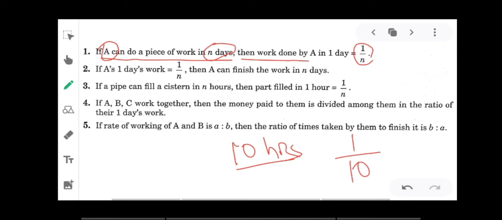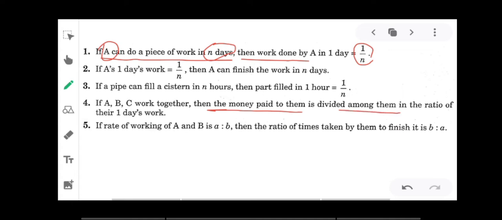Next formula: if A, B, C work together, these three persons, then the money paid to them is divided among them in the ratio of their one day work. That means if they get 100 rupees for a work, then this 100 rupees will be divided among them according to the ratio of their one day work.